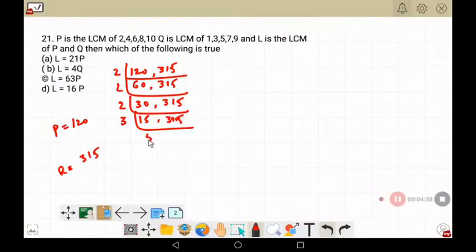Take 3 now, 3 5s are 15. 3 1s are 3, 0, 3 5s are 15. Again by 3, 3 3s are 9, 3 5s are 15.